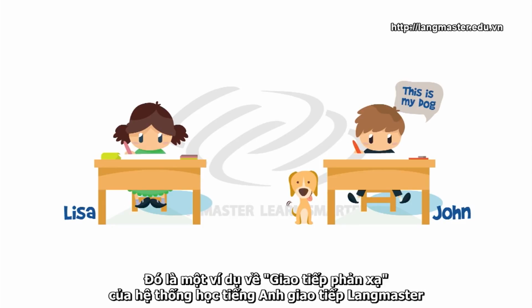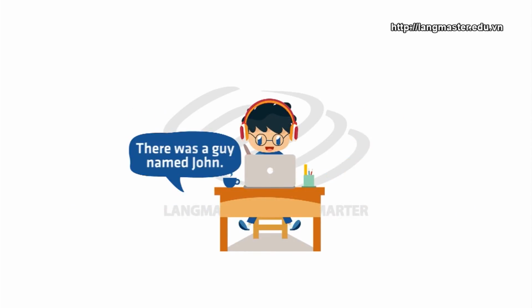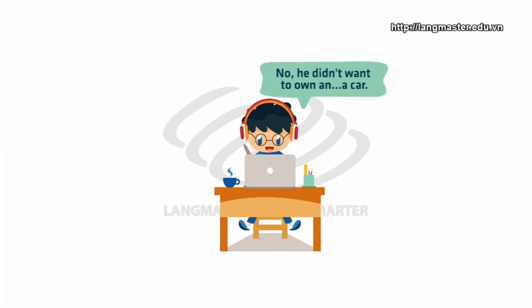Okay, so that's one example. Here's another one. There was a guy named John. He wanted to own a restaurant. Did John want to own a car? No, he didn't want to own a car.